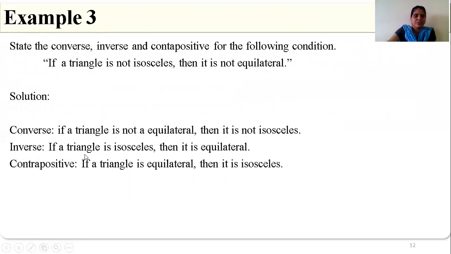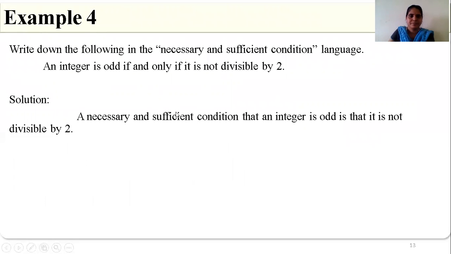The inverse is: if the triangle is isosceles, then it is equilateral. The contrapositive is: if the triangle is equilateral, then it is isosceles. These are some examples. We can go through the reference books for more examples.